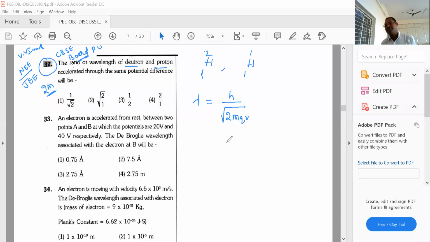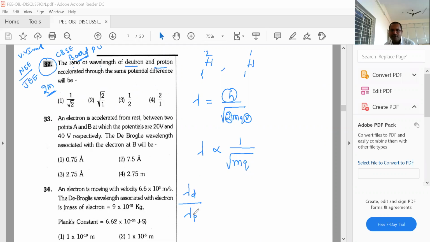This is a formula now. Here voltage is the same and h is also the same, 2 is also the same. Means lambda is inversely proportional to root of mass of the charged particle and charge of the particle. So they are asking the ratio of wavelength of deuteron to proton.